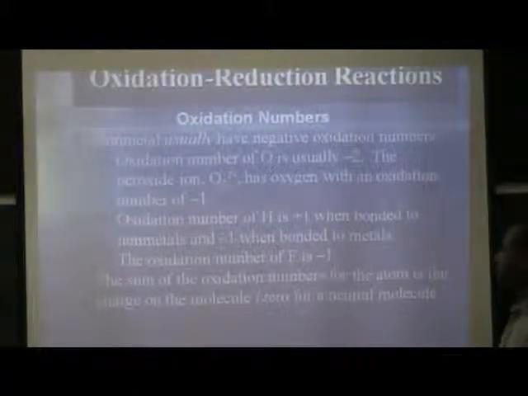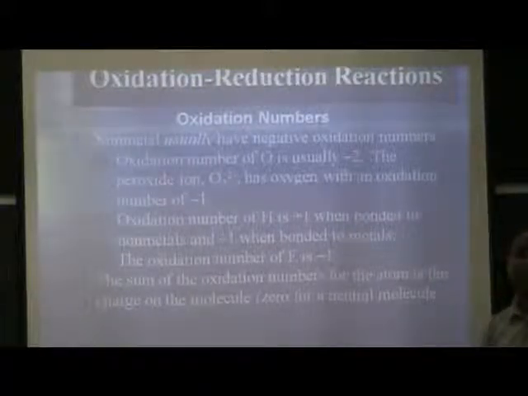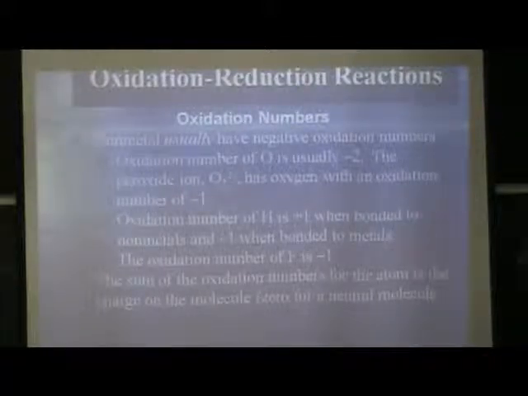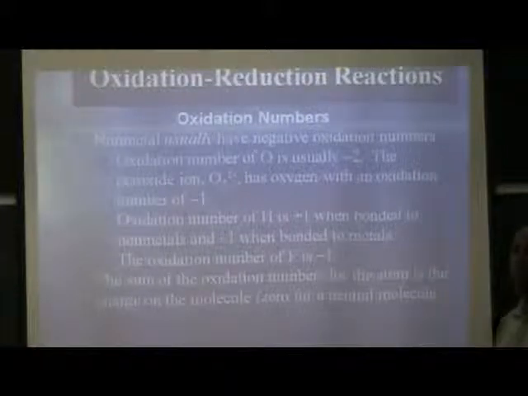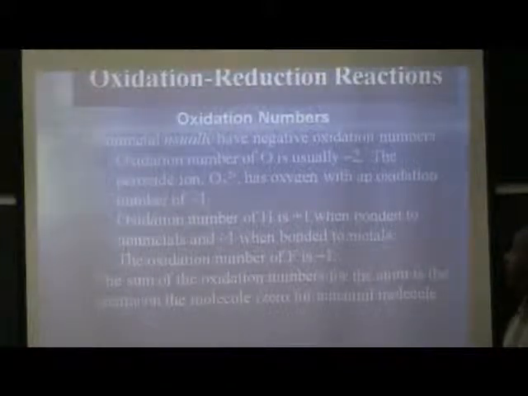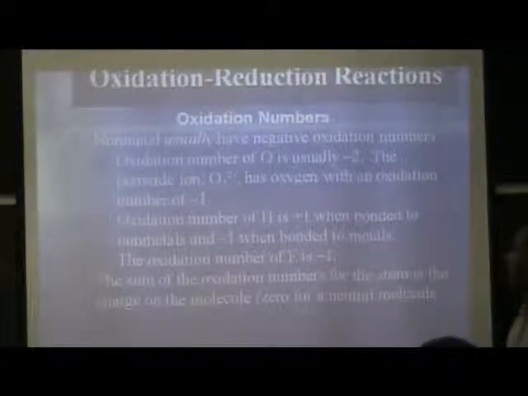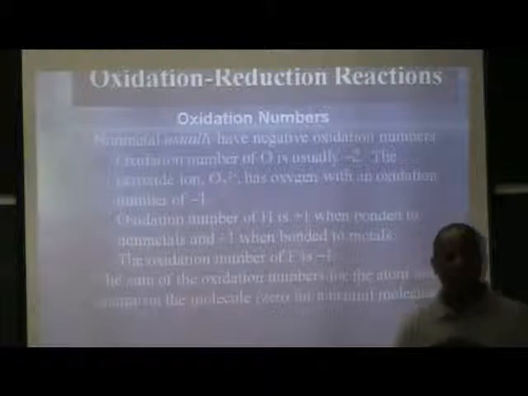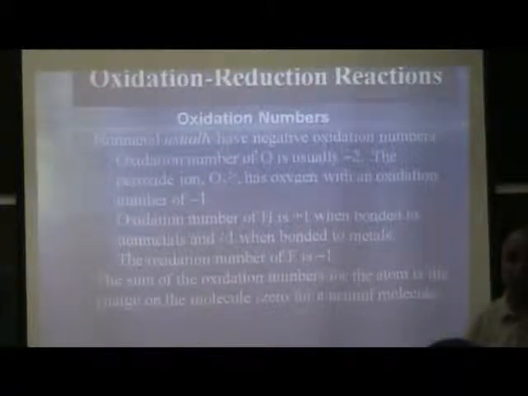A little bit different is the oxidation number of hydrogen. Hydrogen has a +1 oxidation number when it's bonded to nonmetals, and hydrogen has a charge of -1 when it's bonded to metals. That means you may have NaH, for example. What is NaH?